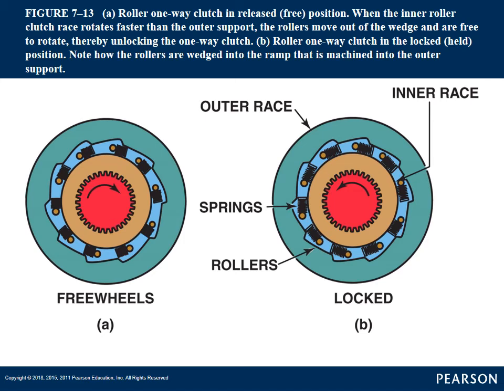And on the one side where it's freewheeling, the rollers are moved away from the surface and allows it to freewheel. It's not locking the outer one to the inner one, where when it's locked, it locks the two together. My next picture shows that a lot better.